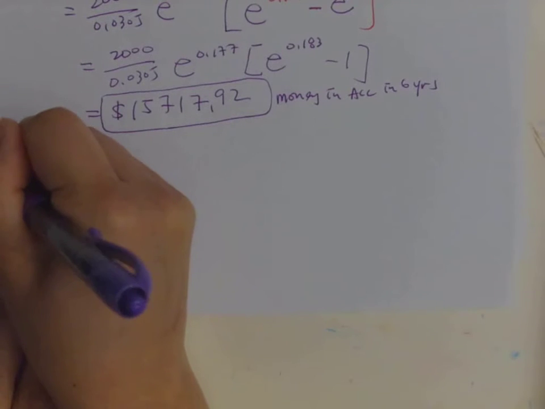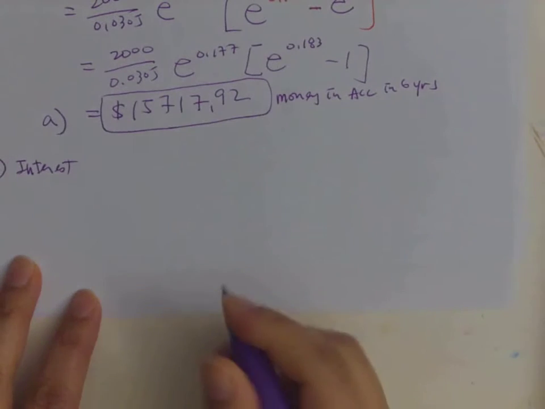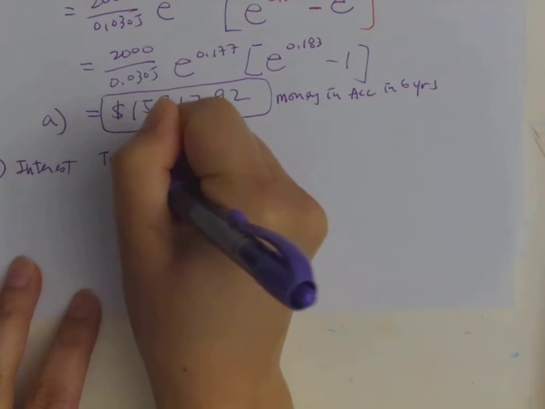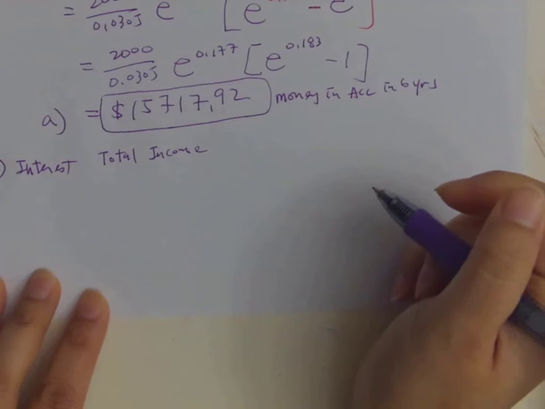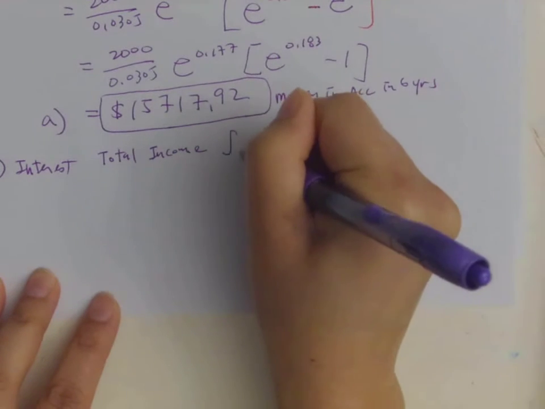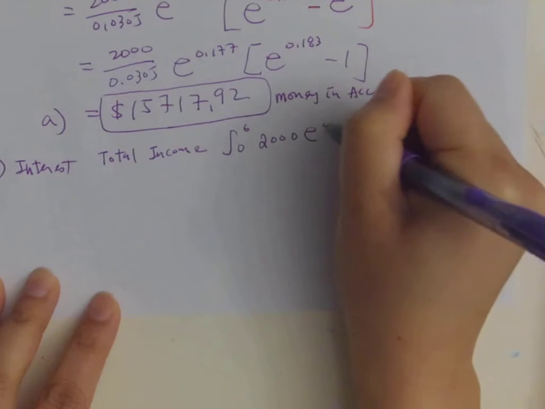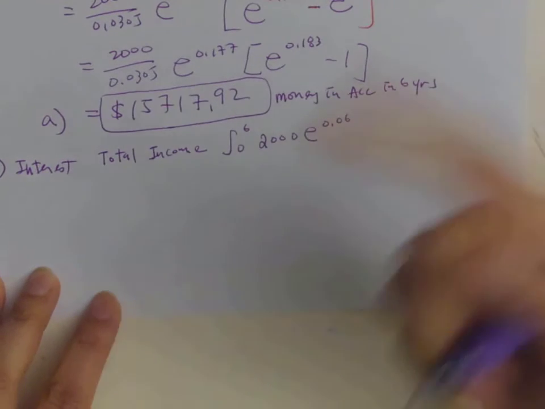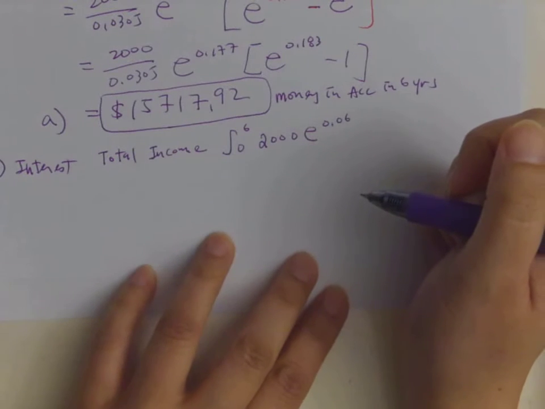The B part asks for the interest, right? So I need to figure out the total income. We did those earlier, right? We're taking the integral from 0 to 6 and plugging into the functions. That's for total income. And the last part we just did was the continuous future value, right?